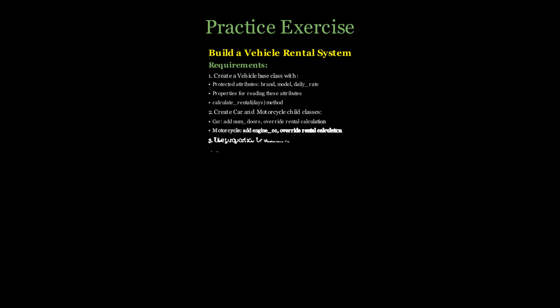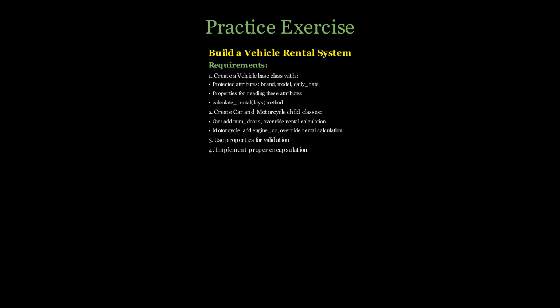Let's practice what you've learned with an exercise that combines inheritance and encapsulation. Build a vehicle rental system. Create a vehicle base class with protected attributes for brand, model, and daily rate. Add properties for reading these. Include a calculate_rental method.